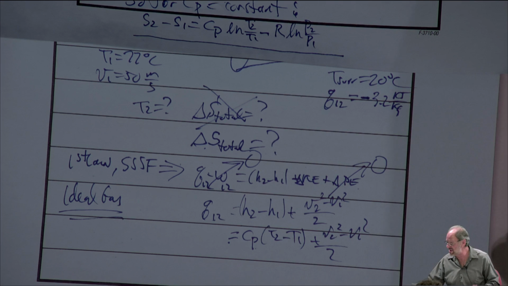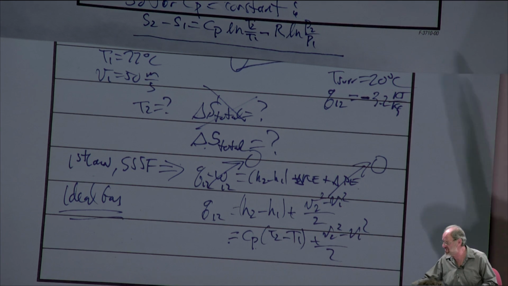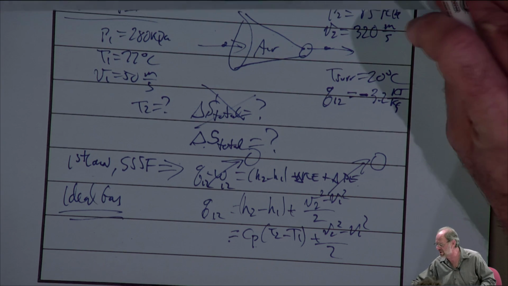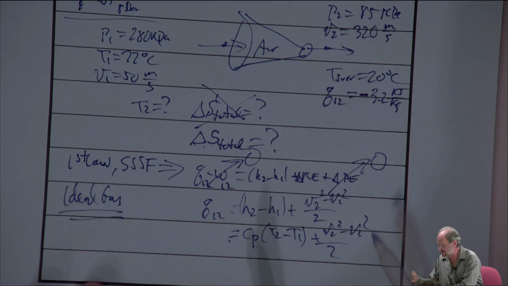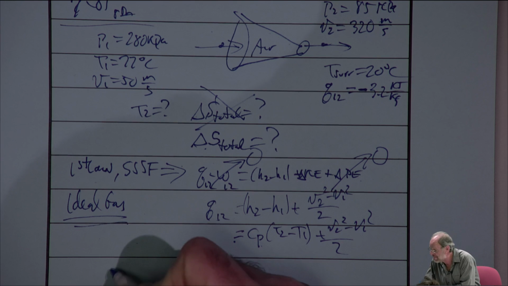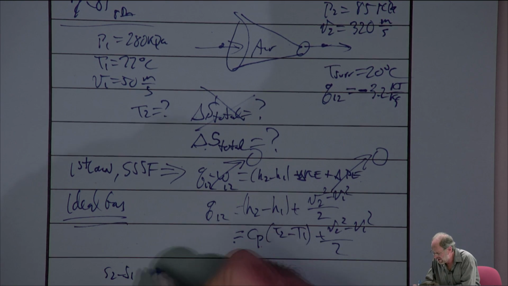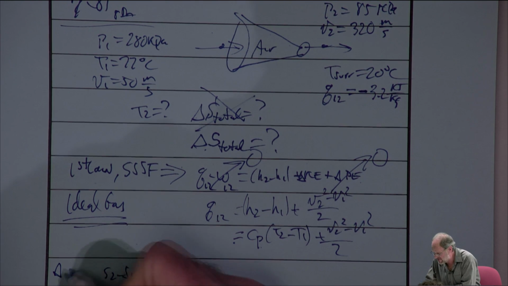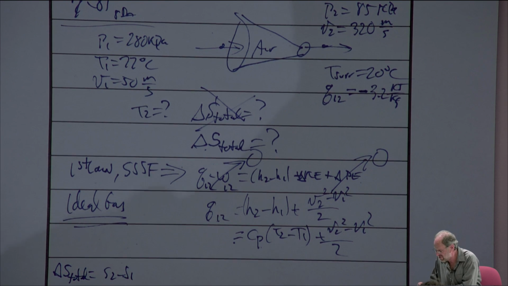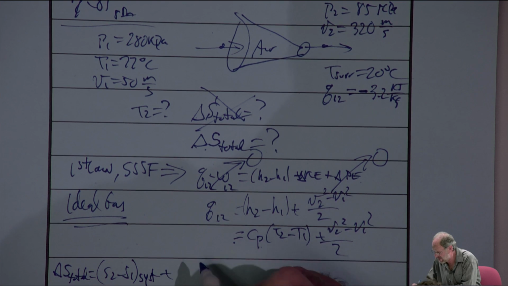I mean, I could always use the ideal gas equation of state, and from that, find the inlet and exit specific volume, but why do the extra work? So I'm just going to use the entropy change, and that's the total entropy change I'm looking for. So I'll use S2 minus S1 for the system plus the surroundings.